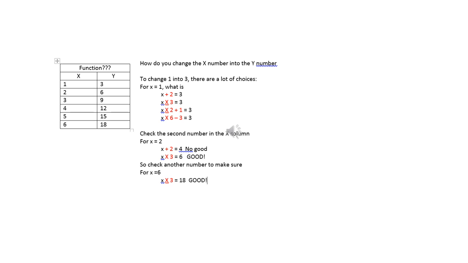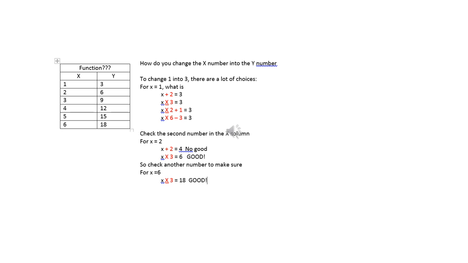If you want to be really careful, you could do every number in the x column, the input column, and double check it. What I'd recommend is after you've done it with a couple easier numbers, and it works for both, then pick a number further down the input side and try it out.